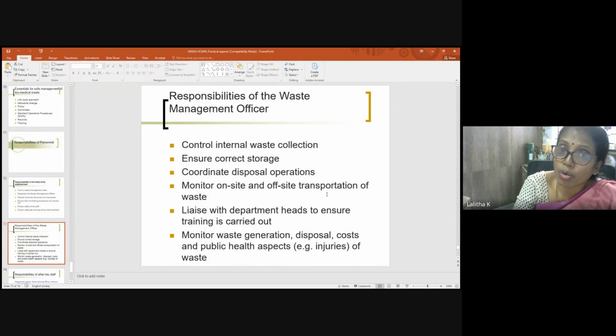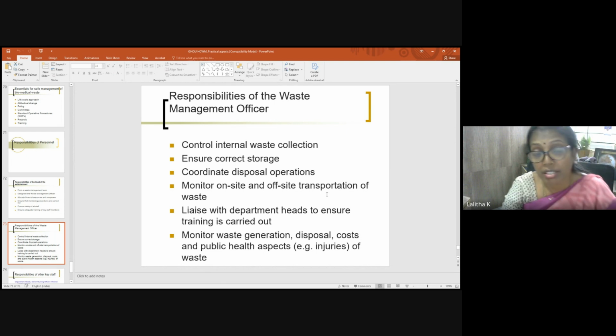Waste management officer, what is his responsibility? He looks at whether the waste collection is happening properly internally, whether it's adequately stored, and also coordinates with the CBWTF and sees to it that the waste is timely collected and disposed properly. See, it's not that we hand over our waste and our responsibility is done. In fact, the rule says we can visit the CBWTF and see that our waste is responsibly handled.